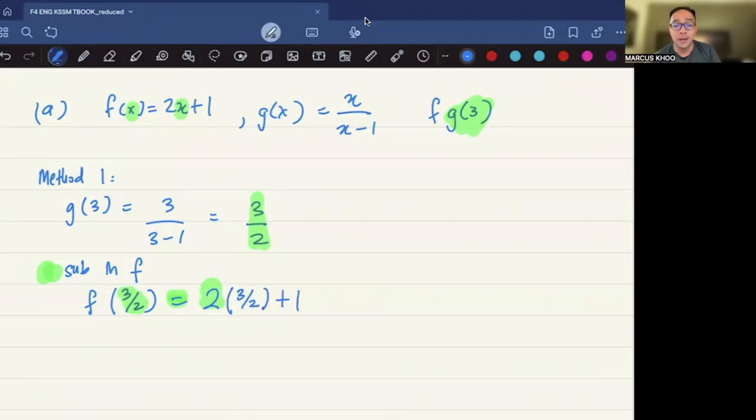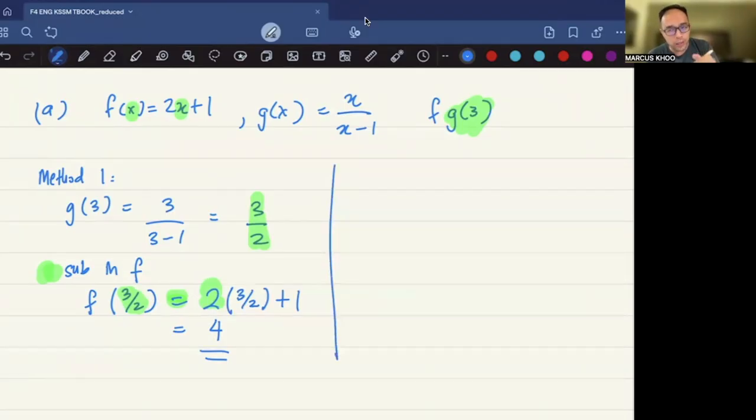When you calculate everything, you will get the answer 4. So this is method number 1, where you do it step by step. Finish the inside function first and then substitute into the outside function, because at the end of the day, the one you want to find is the final value itself, the final number.